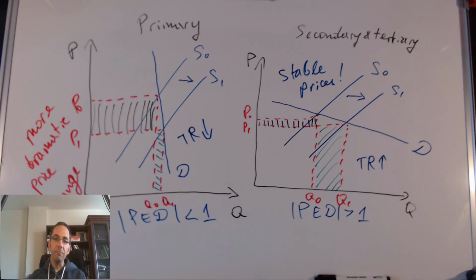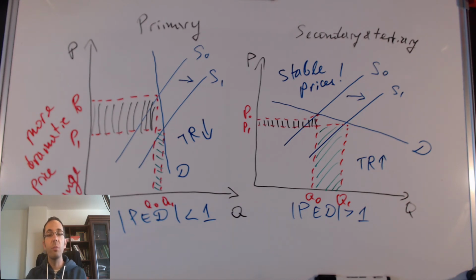So once again, we see that if you're considering doing some kind of investment, firms will probably focus more on secondary and tertiary items, which also explains why economies naturally progress towards secondary and tertiary sectors as they grow.